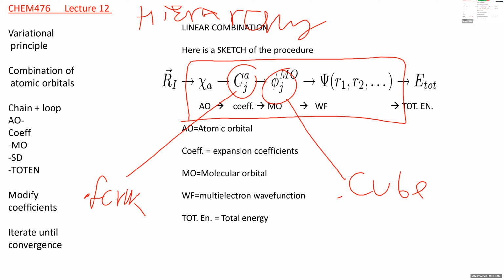Well, the only thing we can change is the expansion coefficients. Atomic orbitals, we select the basis. Positions of ions, we select the geometry. The way how they're converted is already written. The way the multi-electronic wave function is given is by Slater. The way the total energy is computed is also predefined. So to minimize energy, the only thing we can change is the expansion coefficients.